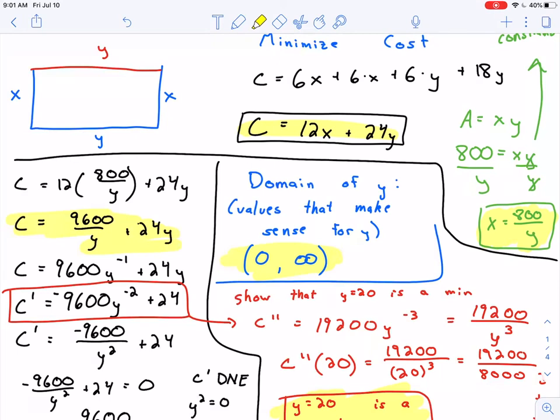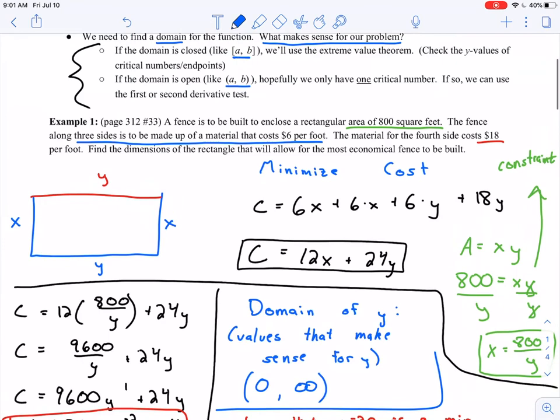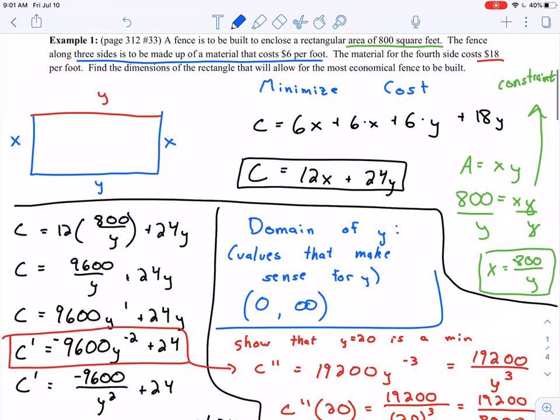So just to recap the process, I want to outline the steps just before we wrap this video up. We drew this picture that represented our scenario. We said, okay, what are we trying to do? We figured out that we wanted to minimize cost.